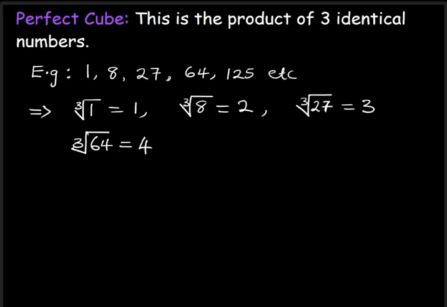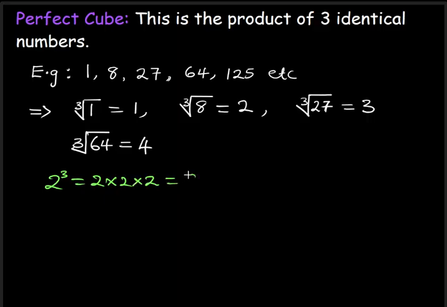Okay, so let's see. Perfect cube. Perfect cube is the product of three identical numbers. The cubes that we talked about when we were dealing with the first video under indices, those cubes are what we call the perfect cubes. So we have 2 cube, which is equal to 2 times 2 times 2.